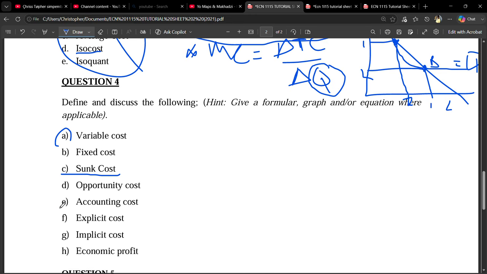Let us move to E. E is simply talking about accounting costs. So what are accounting costs? These are simply costs that are there. Remember opportunity costs. Opportunity costs are just costs that we are imagining, to say, okay, I might have had that much. So they are not actually monies that come from your pocket, it's just the money that you would have had.